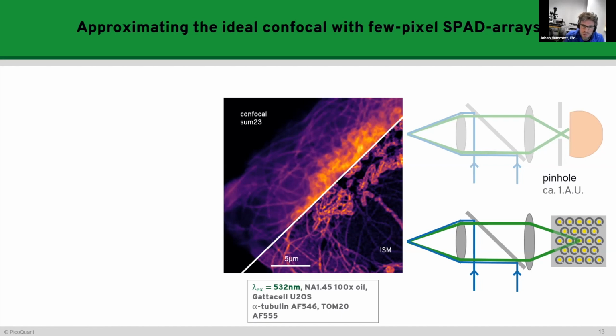And that can be used, as you see in the middle, the confocal image as compared to the image scanning microscopy. I won't go into too much detail about the data processing, but I think you can appreciate very well that you can see the hollow structure of the mitochondria. You can see the microtubules much clearer with a lot of out of focus contributions removed.